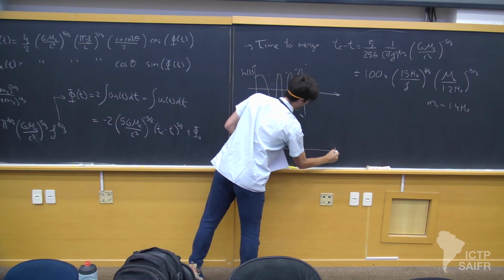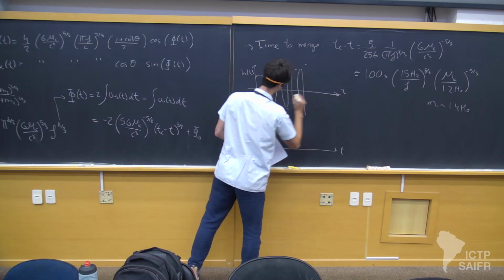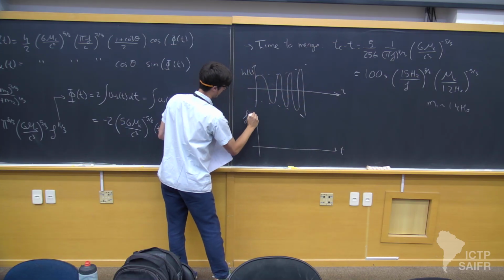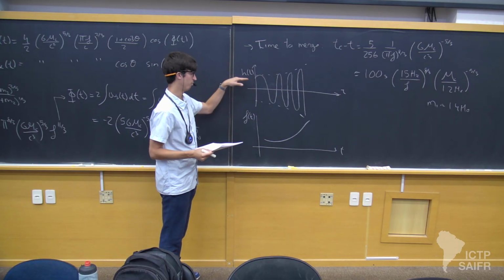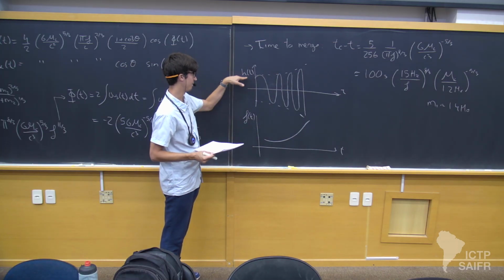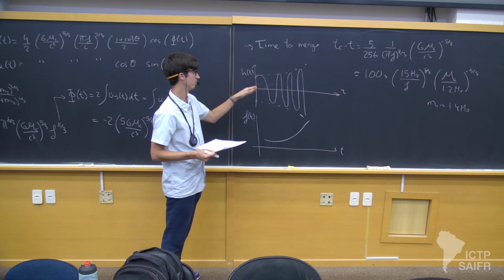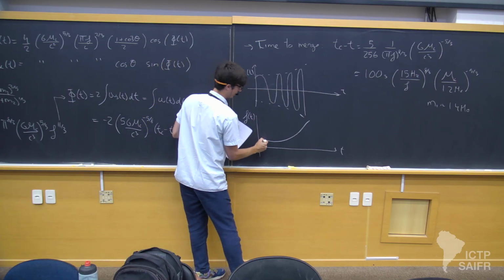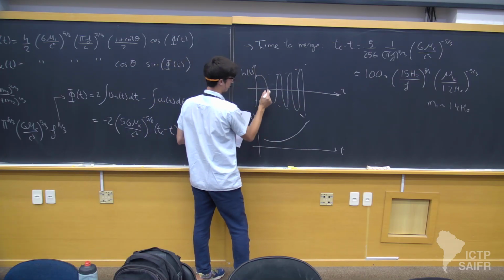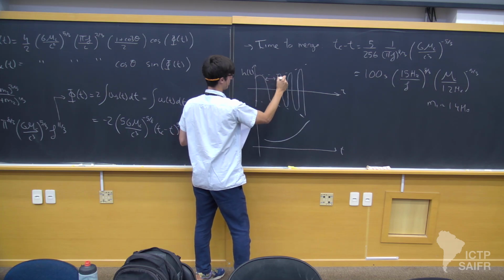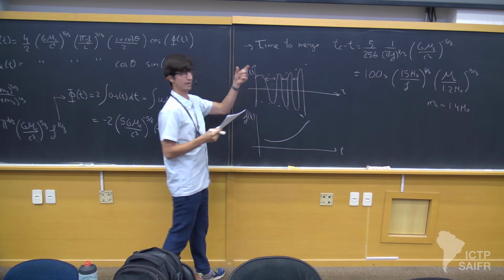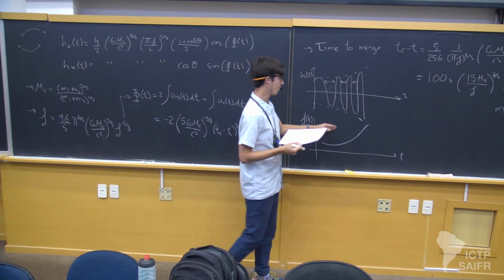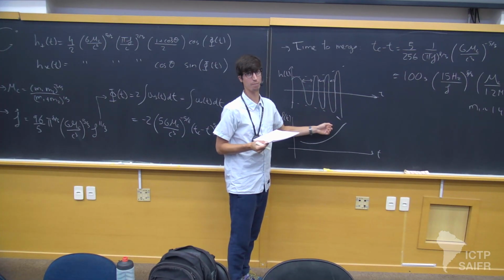This is time, frequency. So from observing how the waveform changes, how fast the frequency is evolving, which is essentially how rapidly the different peaks are getting closer to each other, you can get an inference of the mass.